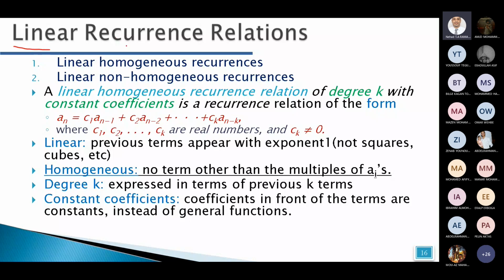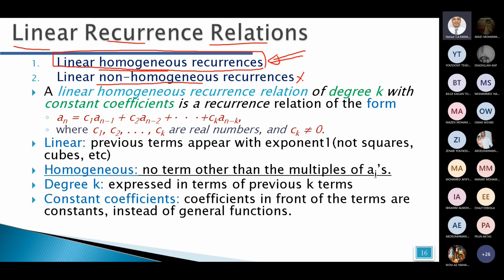Now let's speak about the meaning of linear recurrence relations. We actually have two types: homogeneous linear recurrence relations and non-homogeneous linear recurrence relations. Our focus is only on the first type, linear homogeneous recurrence relations.